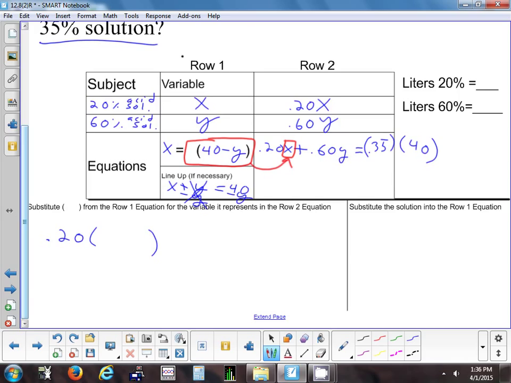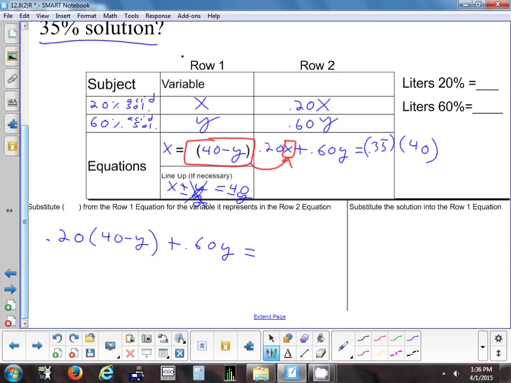Okay, so we have x by itself. Everywhere you see an x in that second equation, you're going to change it to 40 minus y. Does anything else change after that? No. We'll talk about that last part in a second. Now this last part is 0.35 times 40. This is a calculation.